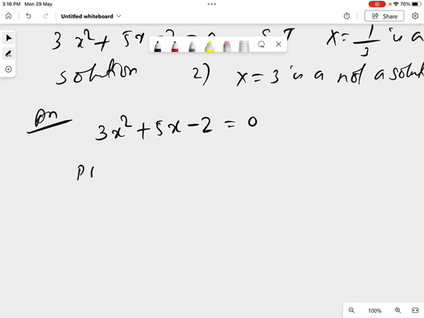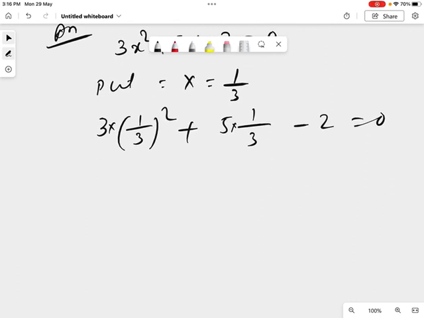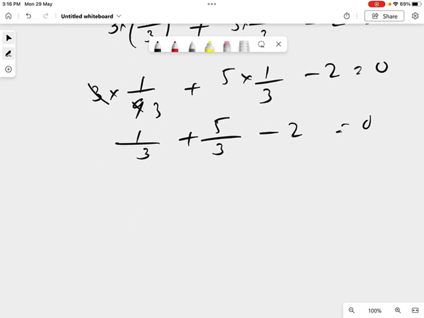Then put x is equal to 1 by 3 in the given equation. We get 3 into 1 by 3 whole square plus 5 into 1 by 3 minus 2 is equal to 0. Then 3 into 1 by 9 plus 5 into 1 by 3 minus 2 is equal to 0. Then 1 by 3 plus 5 by 3 minus 2 is equal to 0.